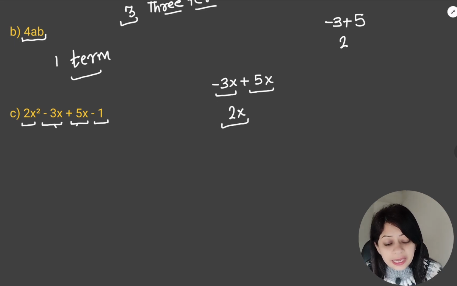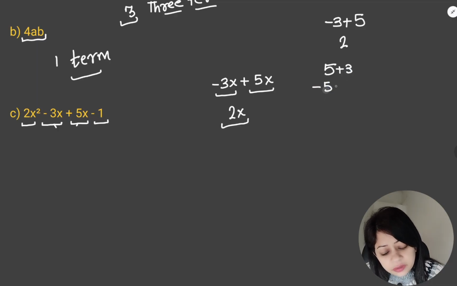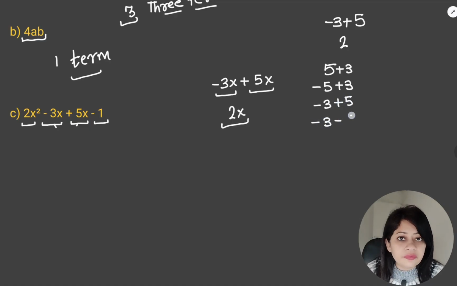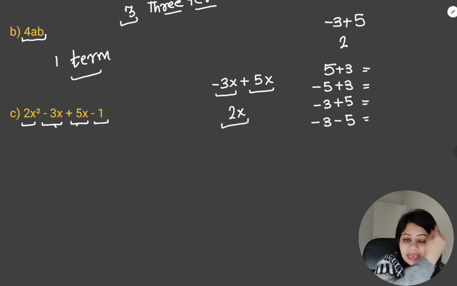Okay. When we add integers, how do we add them? I will write 4 examples here. Suppose you have 5 plus 3. Okay. You have minus 5 plus 3. You have minus 3 plus 5. You have minus 3 minus 5, right? When you add integers, what do you see? You see the sign of the integers.